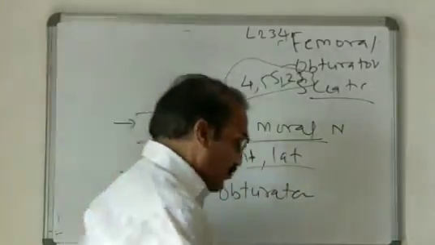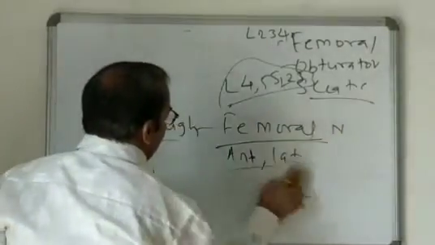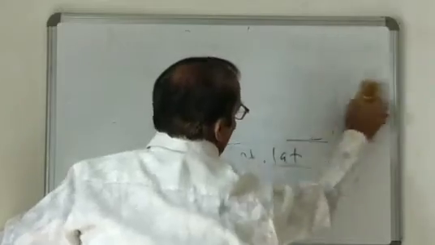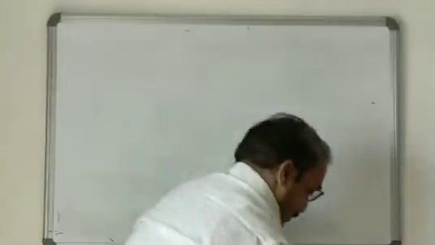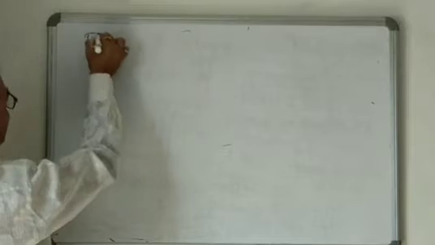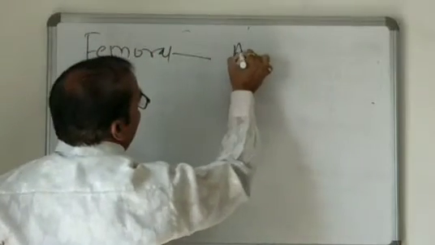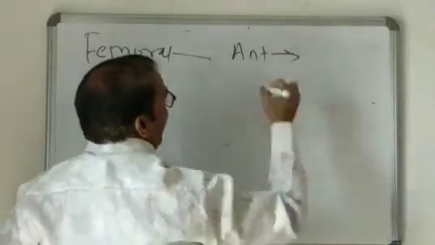One by one. So first of all, the femoral nerve, with L2, 3, 4 as the root value. Make a chart here. The femoral nerve supplies the anterior compartment, whatever structures are present in the anterior compartment.